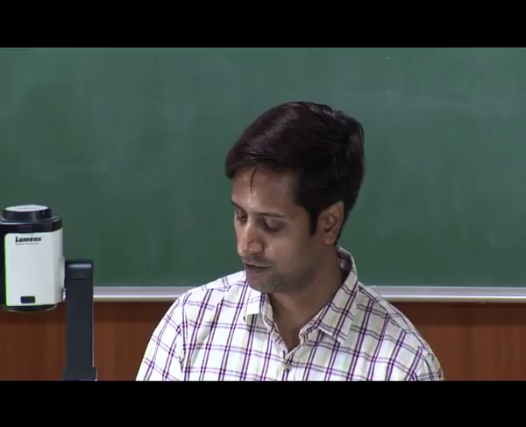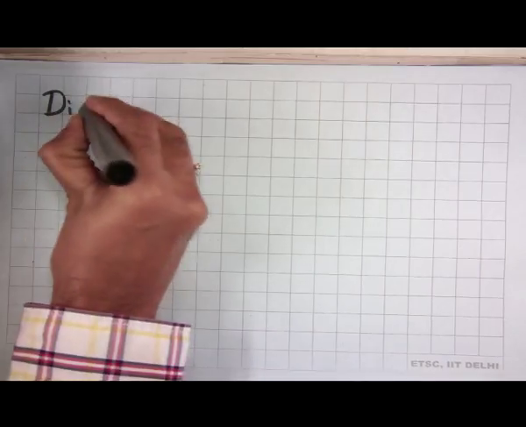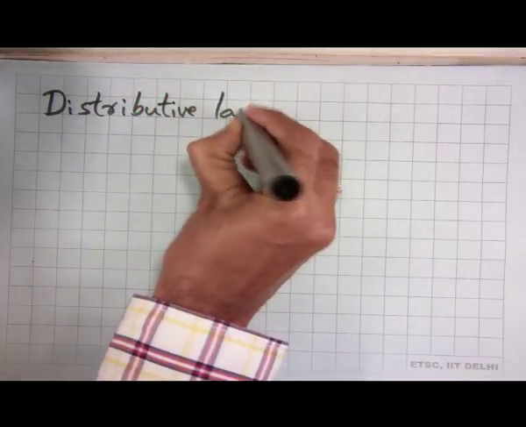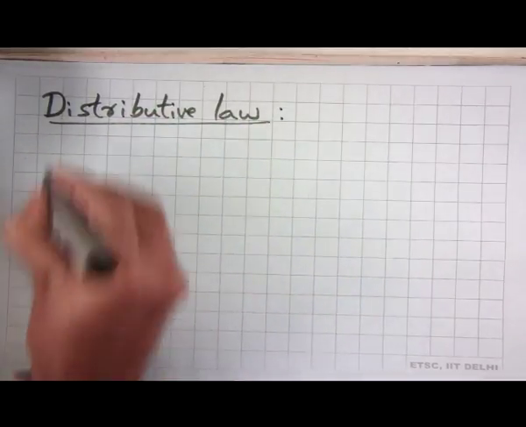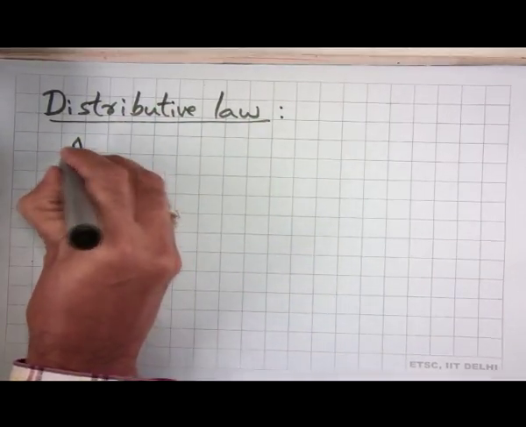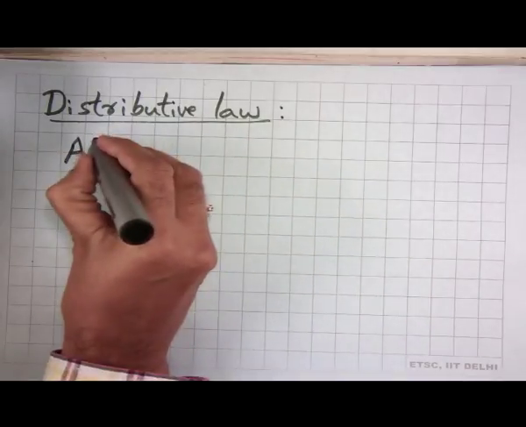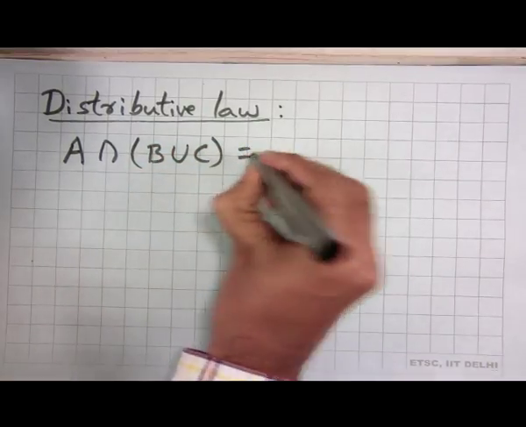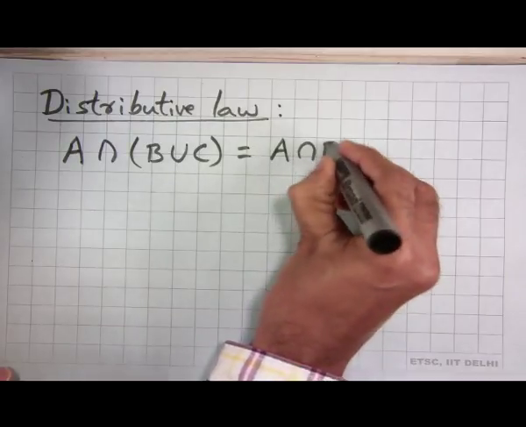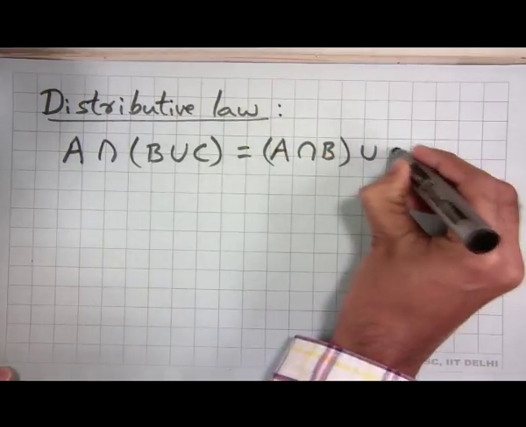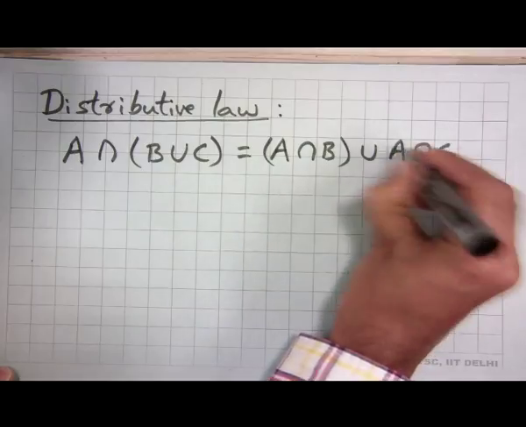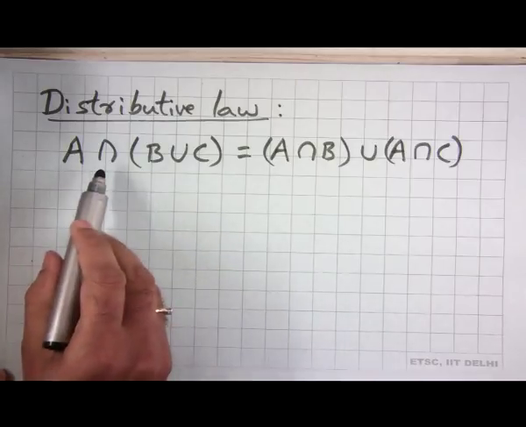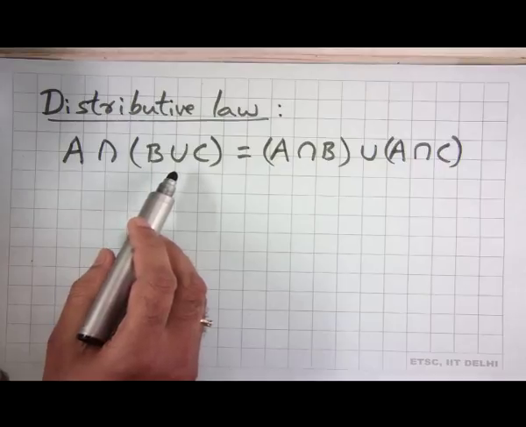The next important thing is what is called the distributive law. If we have 3 sets A, B and C, then A intersected with B union C is equal to A intersected with B union A intersected with C. So, this says that the intersection distributes over the union.